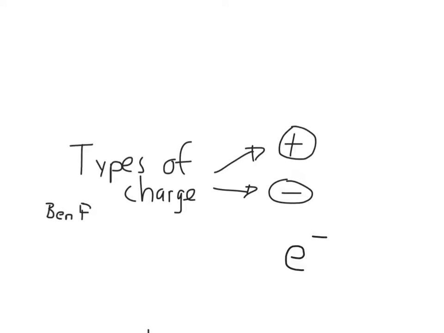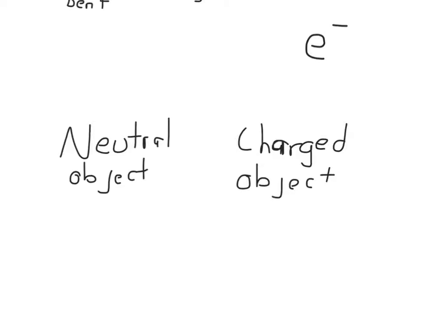After this, we have to differentiate between the charged object and the neutral objects. Because remember, these are not equal. Now the neutral objects have the same amount of positive and negative charges.